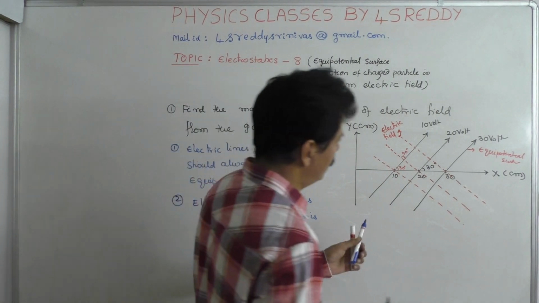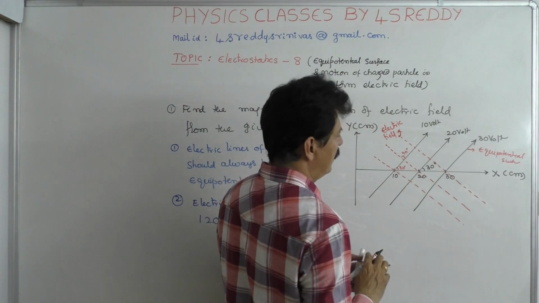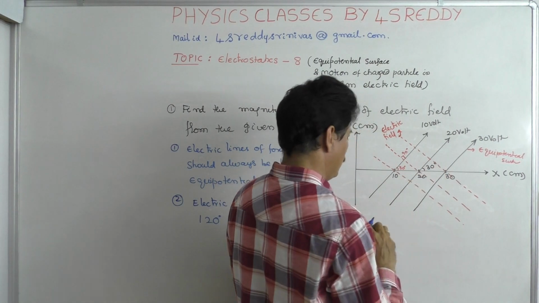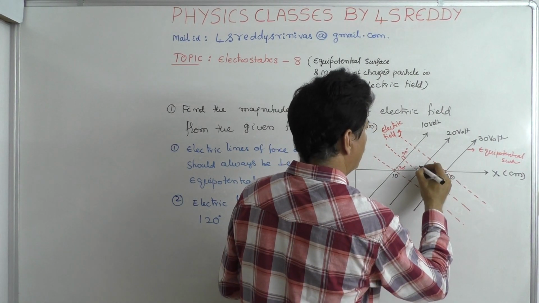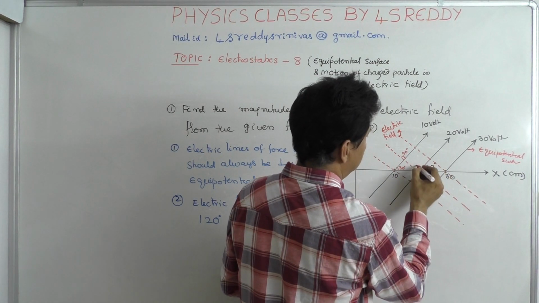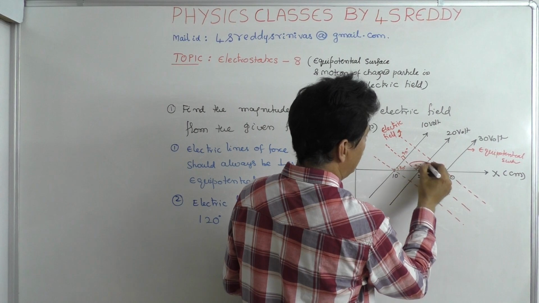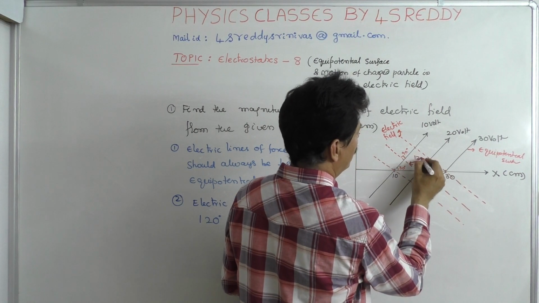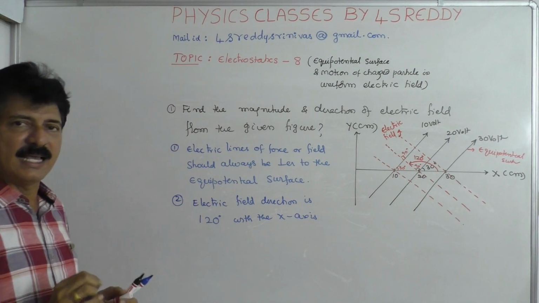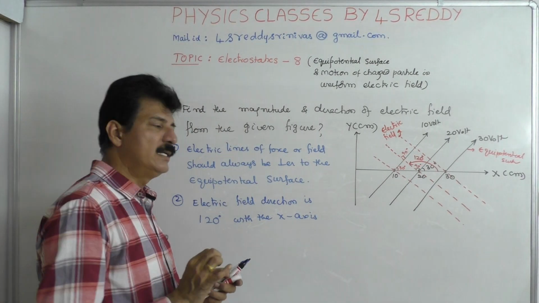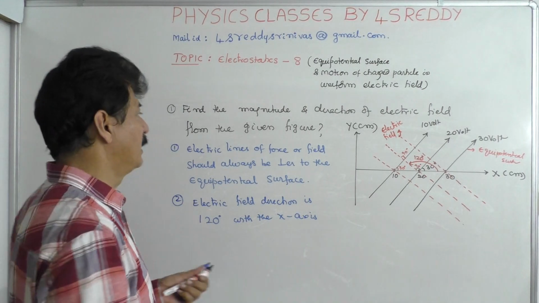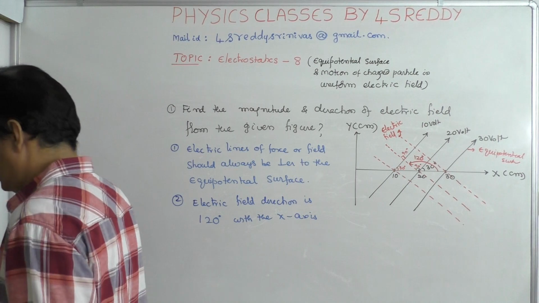Because here, if you can see, this is 30, and this is already 90. If this is 90 and this is 30, so this angle should be 120. So the electric field vector makes an angle of 120 degrees with the x-axis. So the direction is up. The only thing we have to find out is the magnitude.